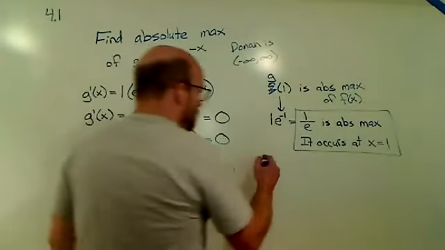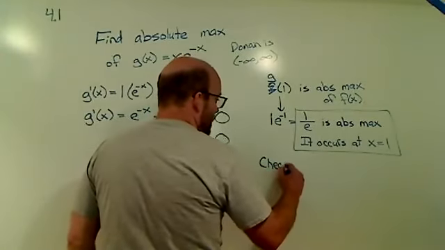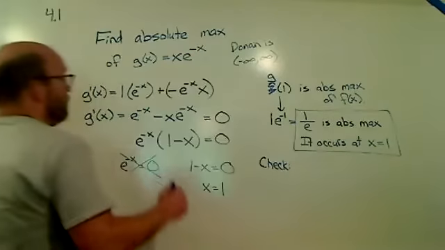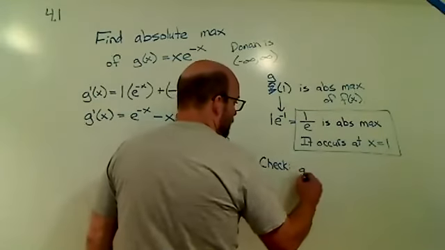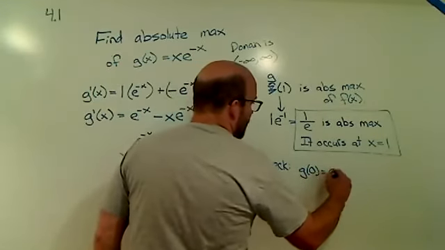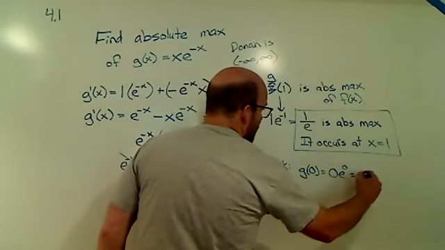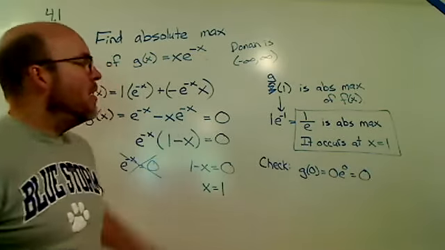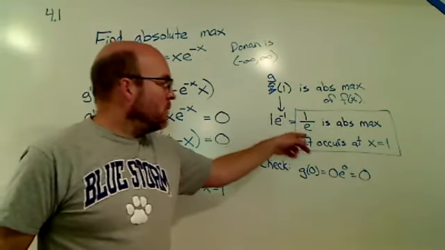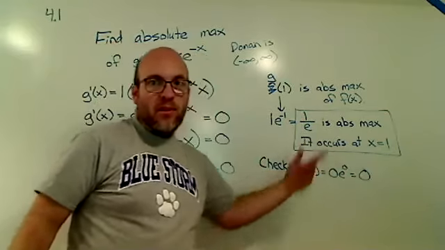Just a quick check here. The easiest number to plug in is 0. G of 0 would be 0 times e to the 0th, which is, of course, just 0. 1 divided by e is a small little decimal, but it's certainly larger than 0.